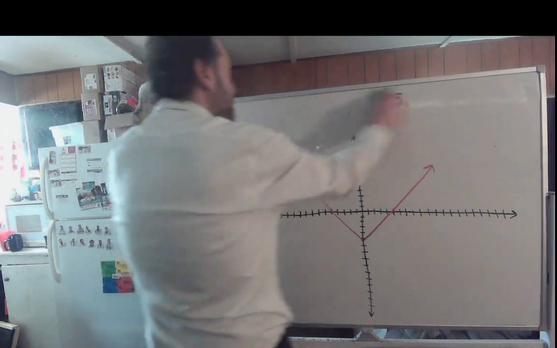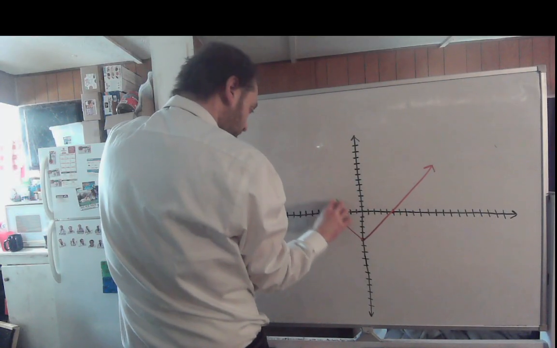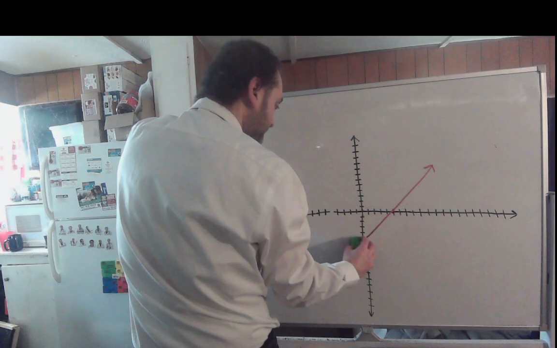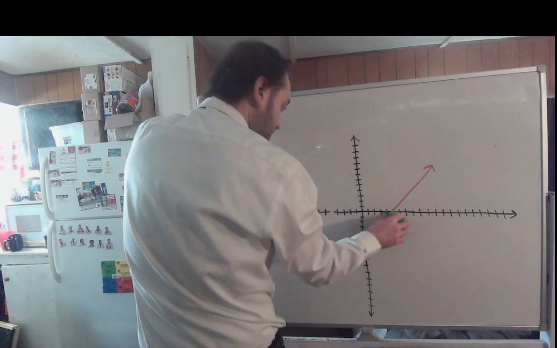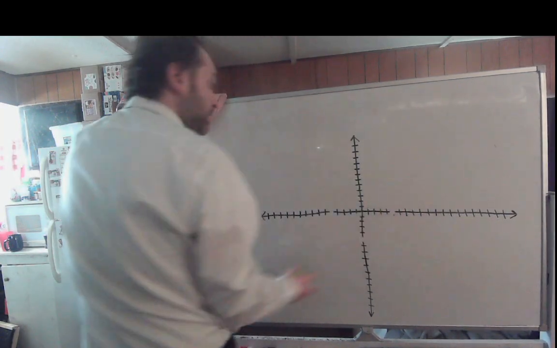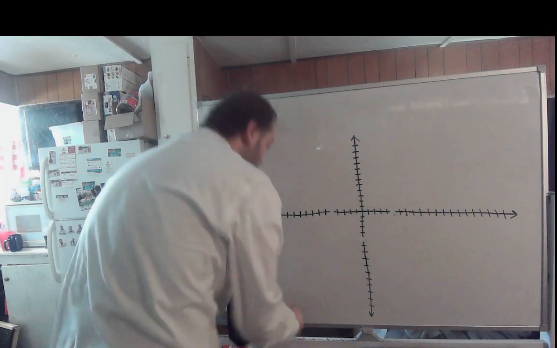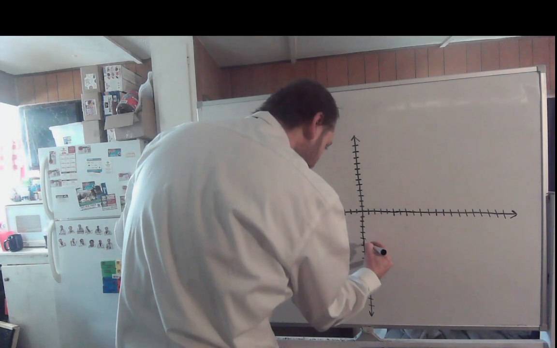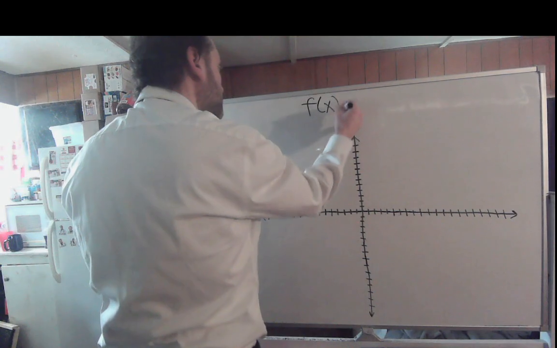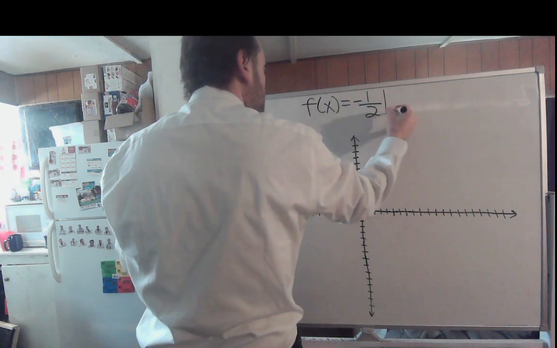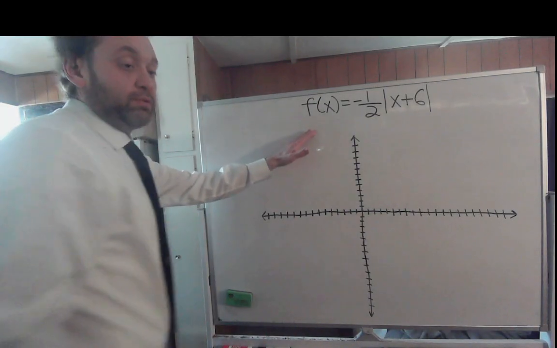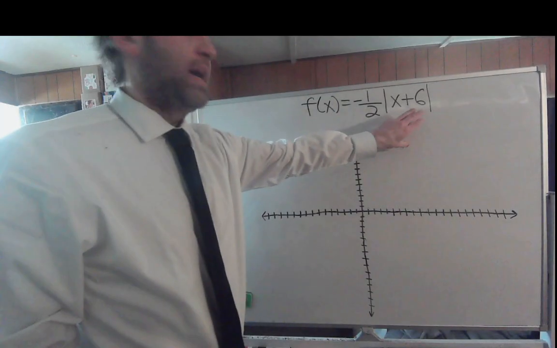All right, one more, then we're done. Alright, so we have f of x equals negative 1/2 times the absolute value of x plus 6.